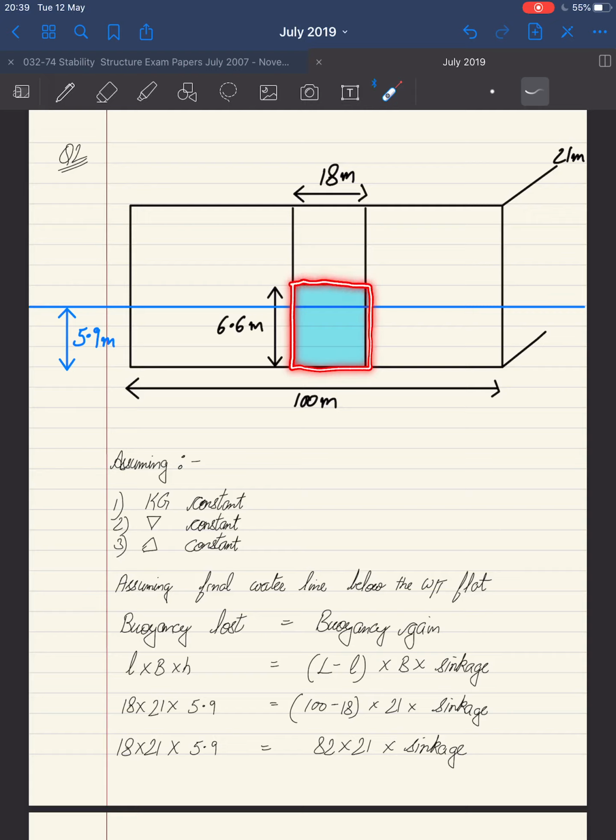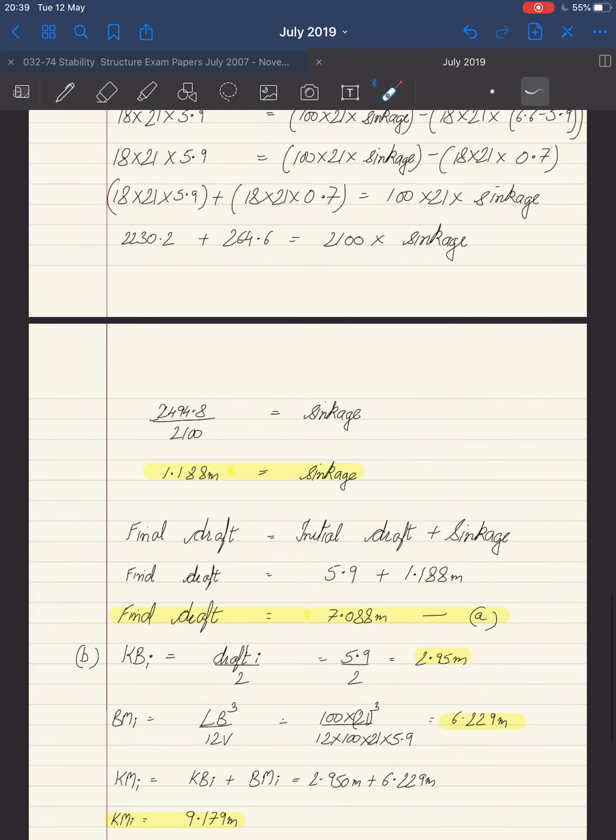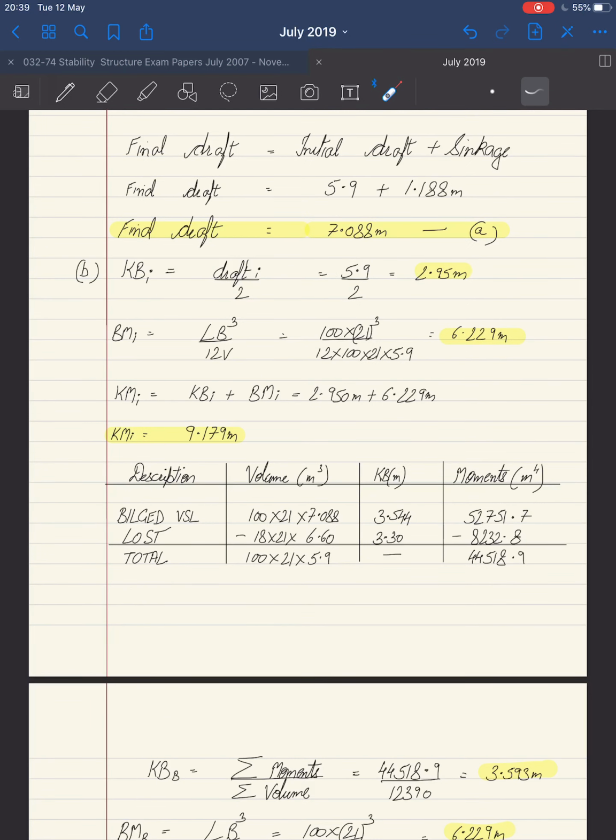So KB of that particular compartment would again be at the geometric center measured from the keel. So the KB of the compartment would be 6.6 divided by 2. So we'll look back into the tables. We have written KB as 3.3 and the associated moments is 8232.8, which we have got by multiplying these two numbers.